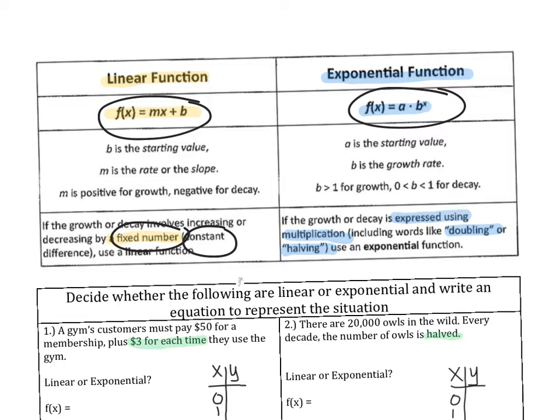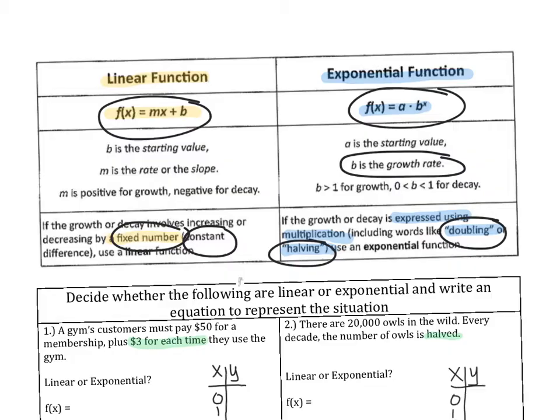If that number, that's the rate, which is our b value, is less than 1, it's decreasing, and if b is greater than 1, it's increasing. Some of the language, like doubling or halving, all indicates multiplication. That's how we know it's an exponential function.